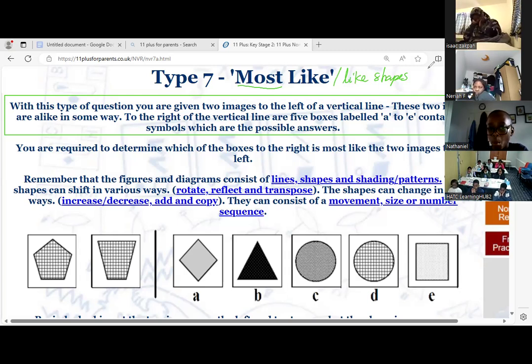So, on that note, let's get the party started. How do we solve type 7? What do we do? How do we go about it? That's the question that comes to mind, right?